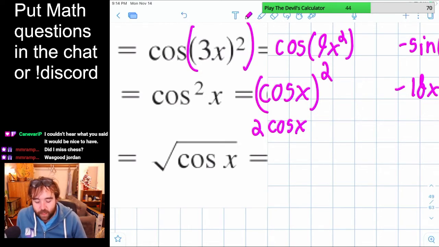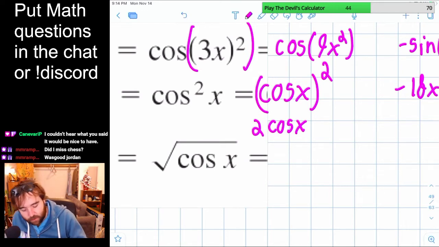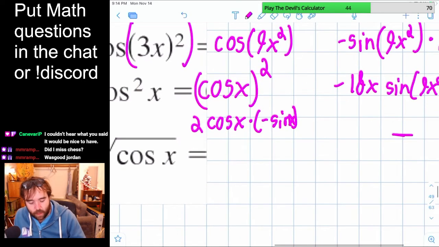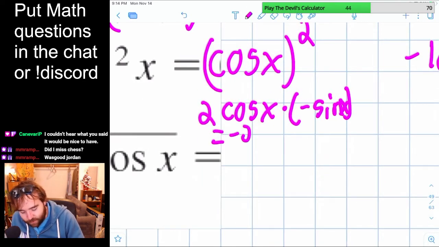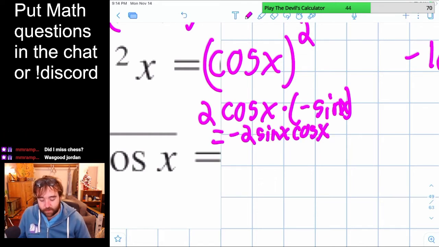The derivative of the inside is negative sine. So then we have to multiply by negative sine of x. And so what we end up with is, getting a little cramped, negative 2 sine of x cosine x as the derivative.